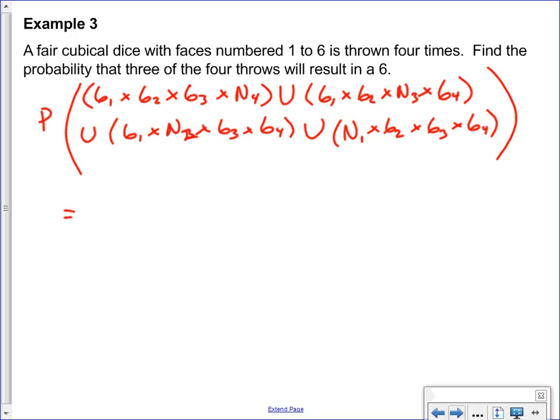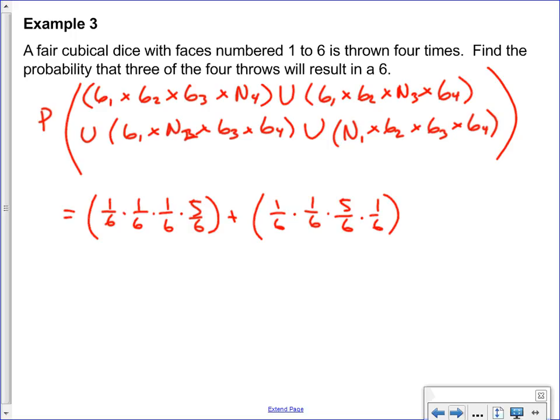So for the first probability, it's 1/6 times 1/6 times 1/6 times 5/6, plus 1/6 times 1/6 times 5/6 times 1/6, plus 1/6 times 5/6 times 1/6 times 1/6, plus 5/6 times 1/6 times 1/6 times 1/6. Okay?